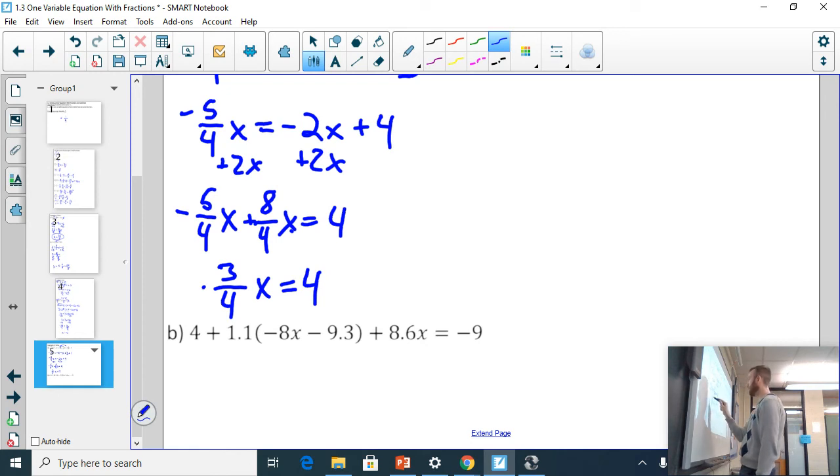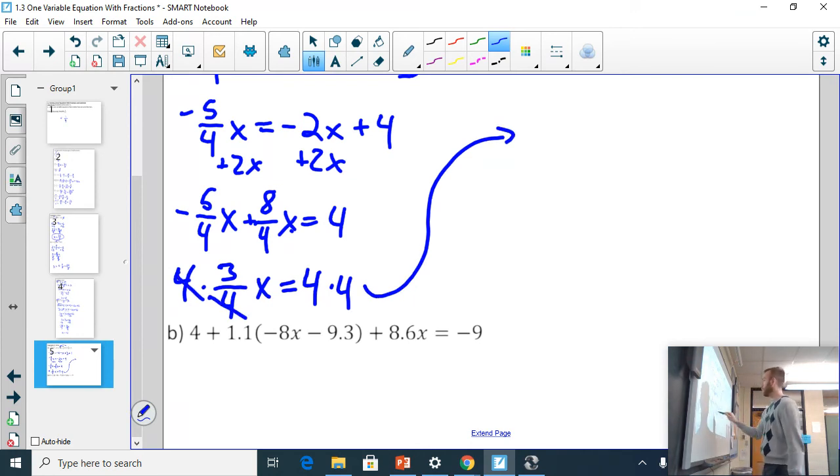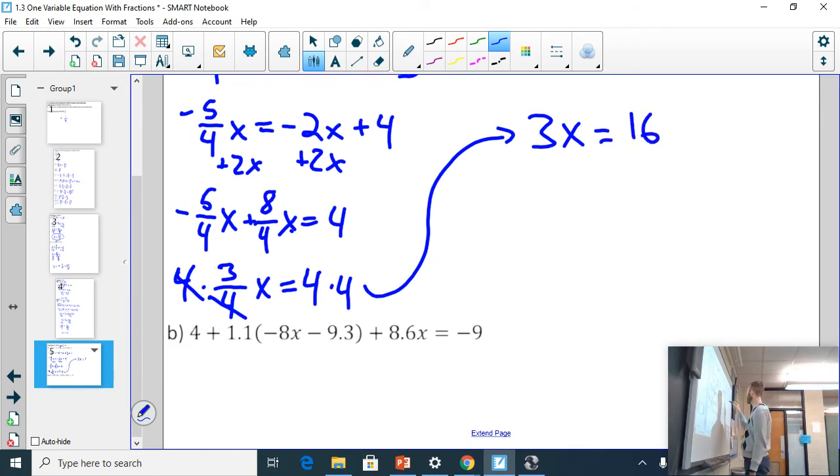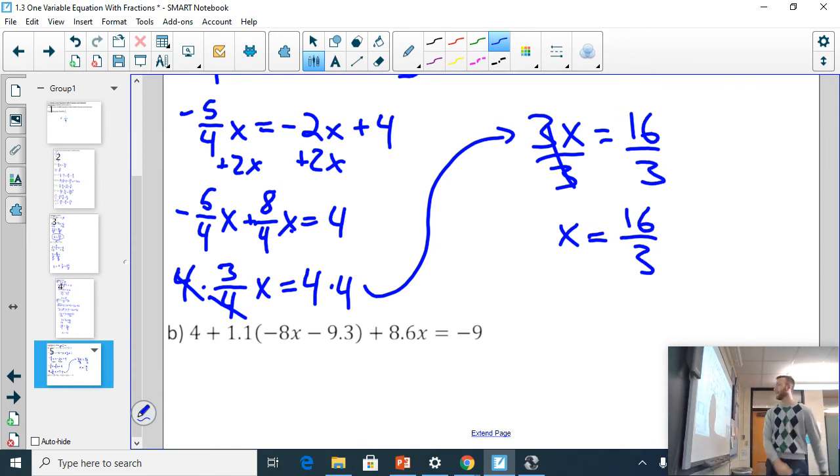And now let's do it this way. Let's multiply this 4 over first. And when I do that, I'll get 3x equals 16. And then divide by 3. And I'll get x equals 16 divided by 3. That does not simplify nicely, so that is our final answer.